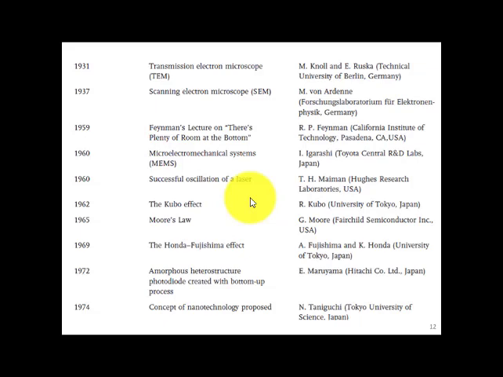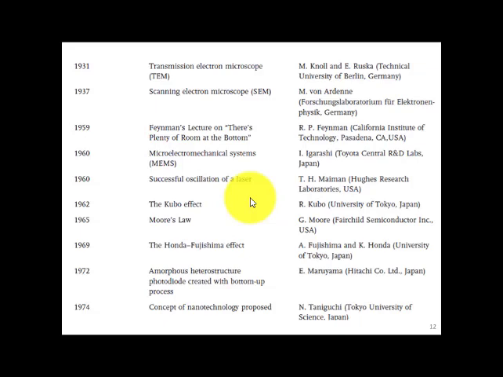Then 1960, microelectromechanical systems were developed, and in 1960, successful oscillation of the laser was carried out. Then 1962, the Kubo effect. It is a very famous effect which was presented by Kubo, University of Tokyo.